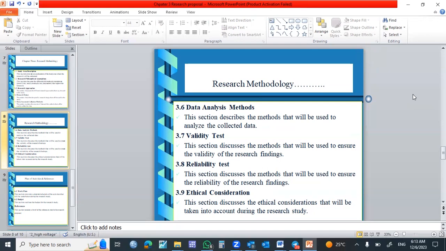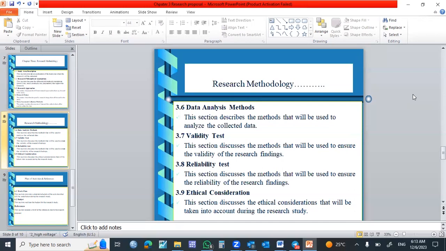Also, we'll have a validity test. The validity test tells us how well our research measures the intended measurements, or to what extent our study measures what is predicted, and this will be stated or confirmed in the validity part.